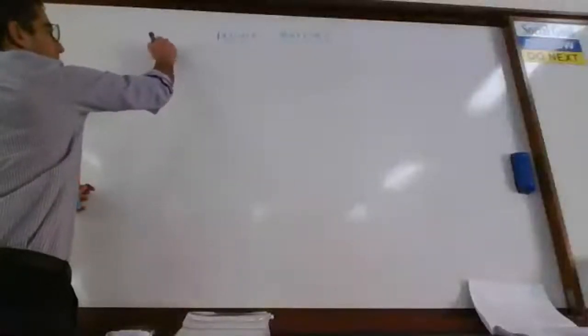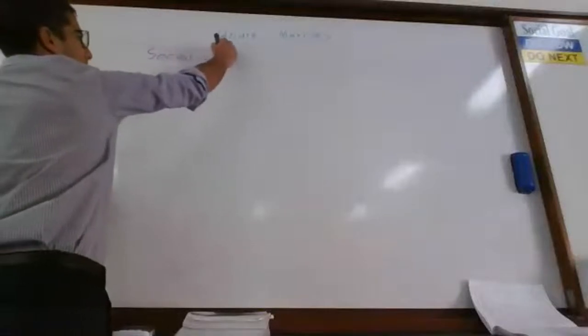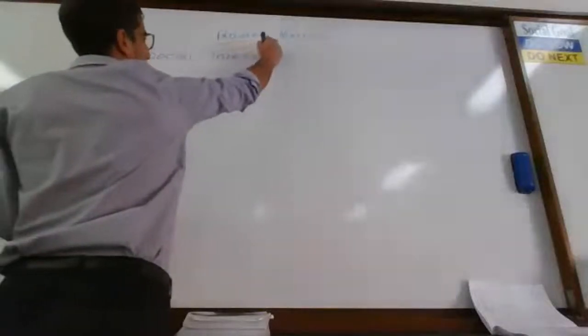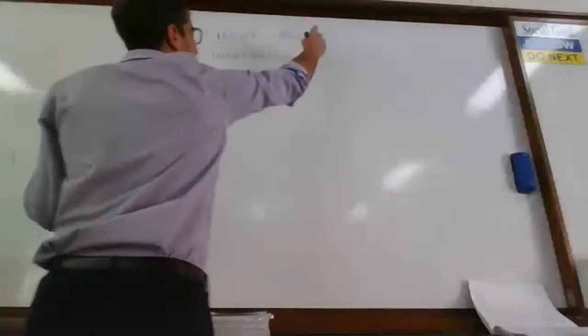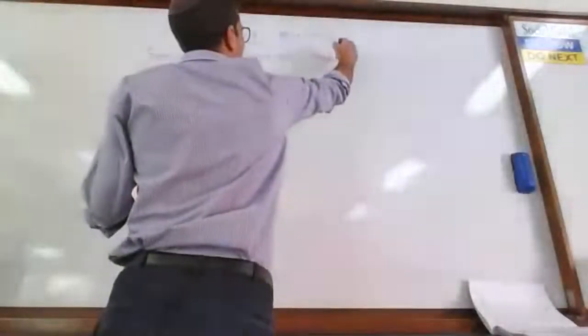The last thing we're going to do in this topic of route matrices is use this same idea of route matrices, but use it as a social interaction matrix, not a social distancing matrix. That's a sensitive thing in these times.